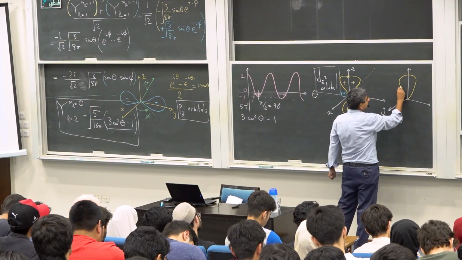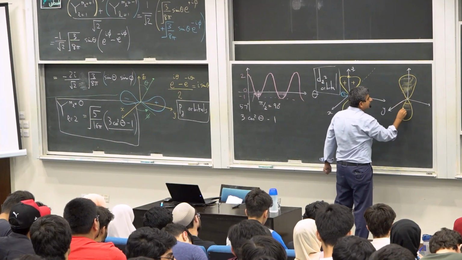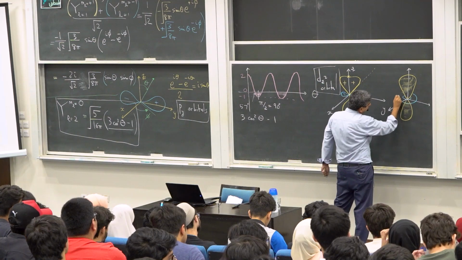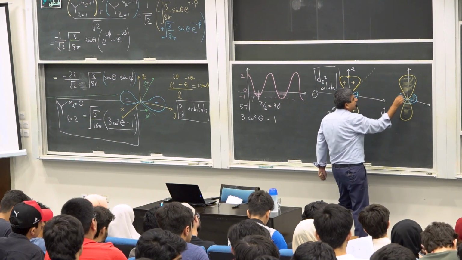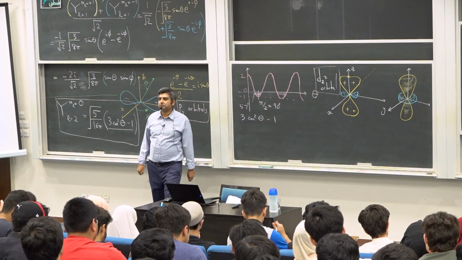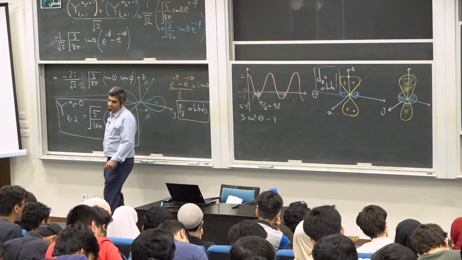So this has a 3-dimensional kind of curvature, and then there's a donut shaped kind of ring centered around the equatorial plane. This is a z square orbital. It's just a plot of a wave function.